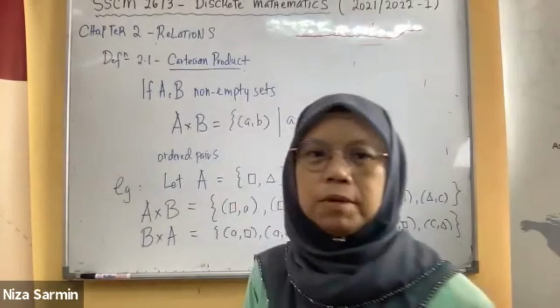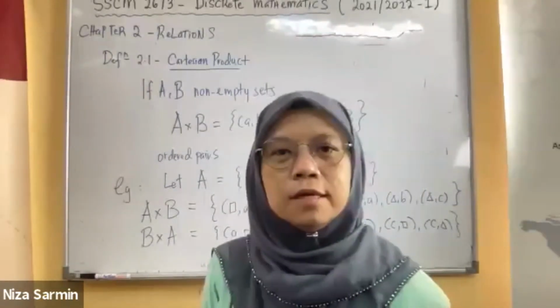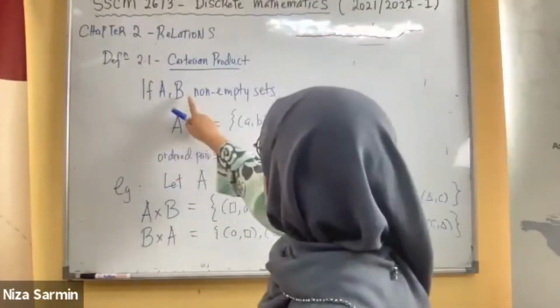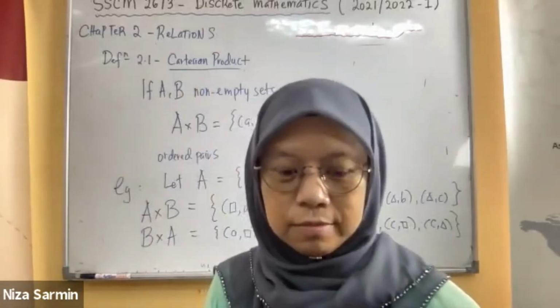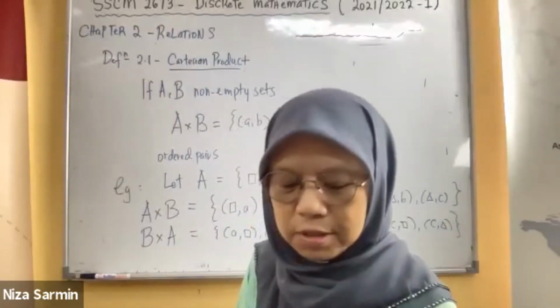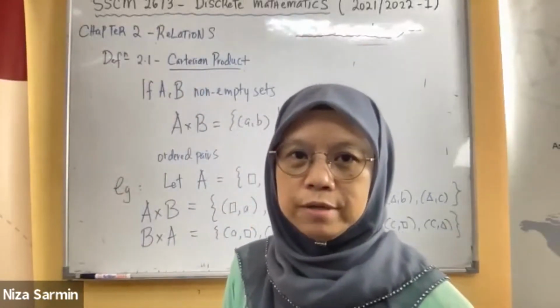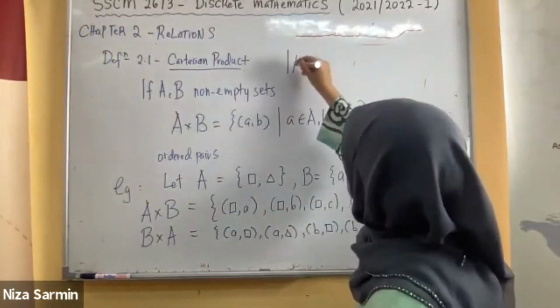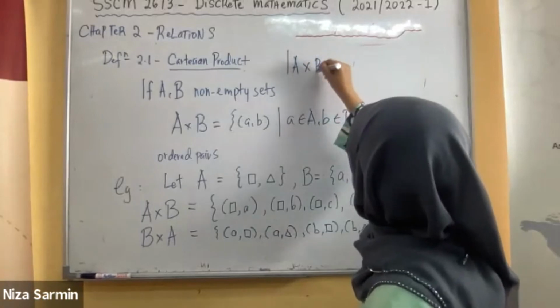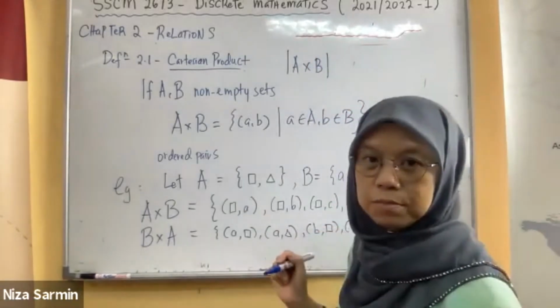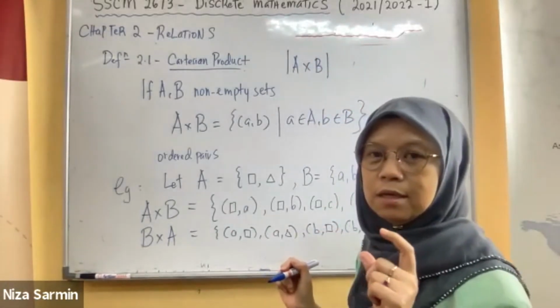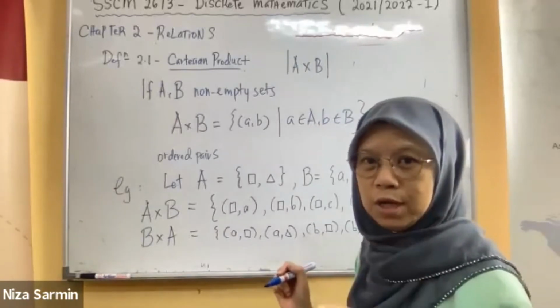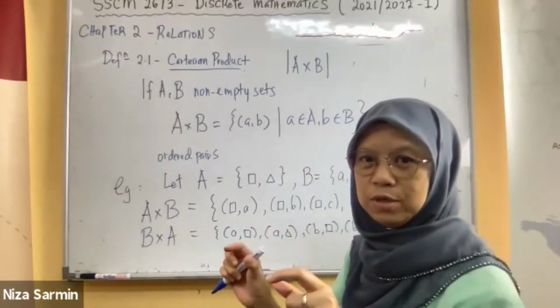Okay, so what is the number of elements in the Cartesian product? The number of elements in the Cartesian product is the product of the individual orders, right?